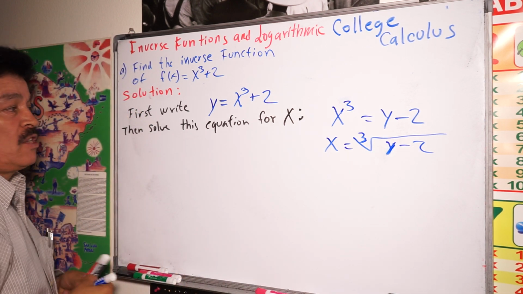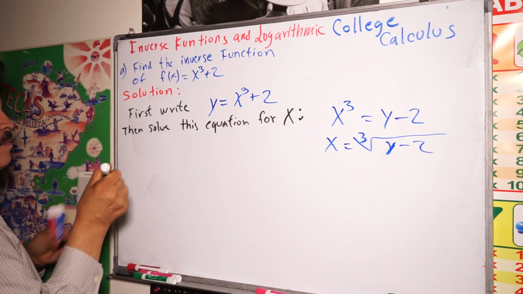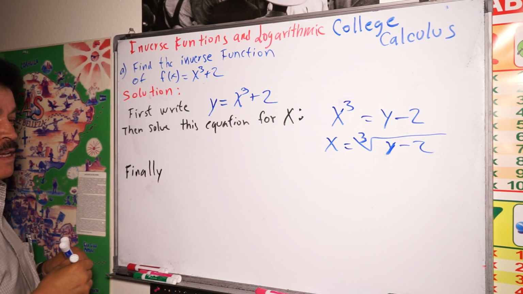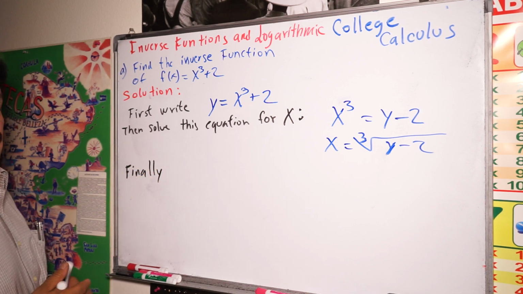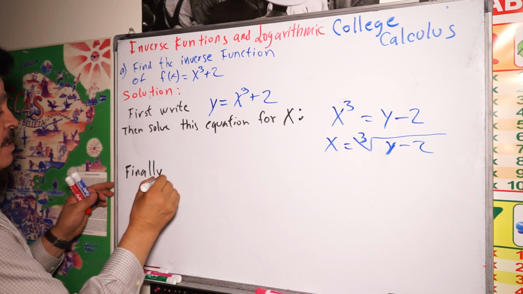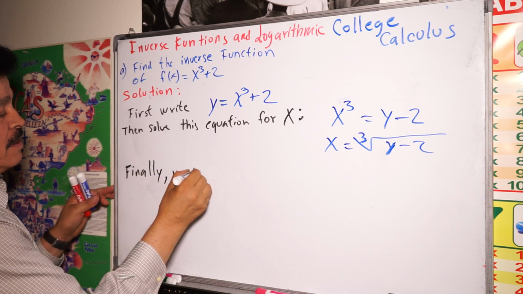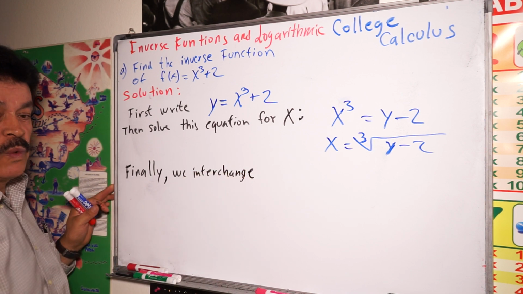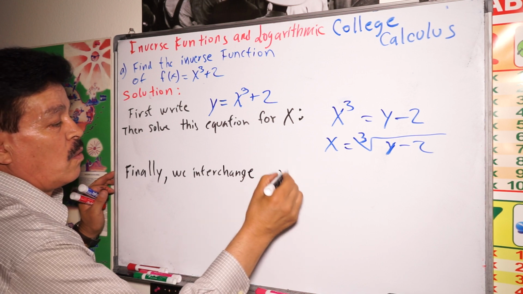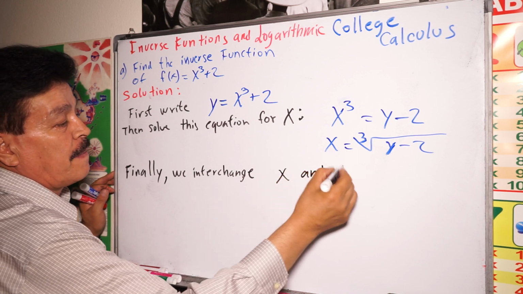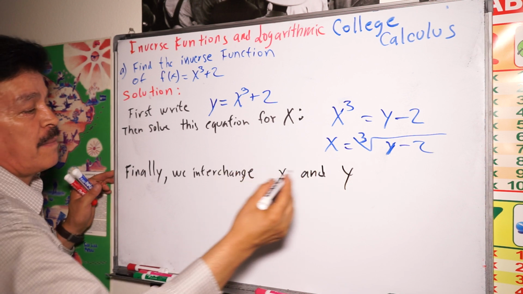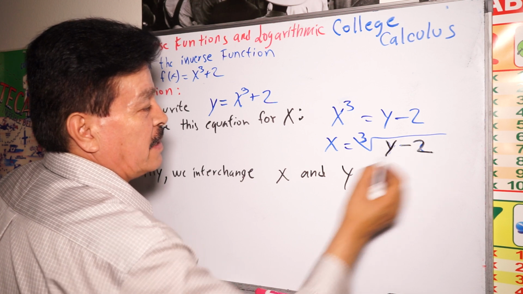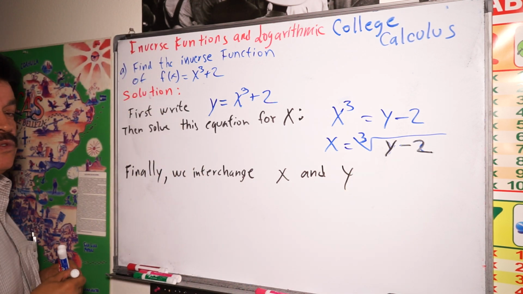Okay? So finally, we interchange x and y. Look at this step here. I am doing it step by step to show how to find the inverse function.